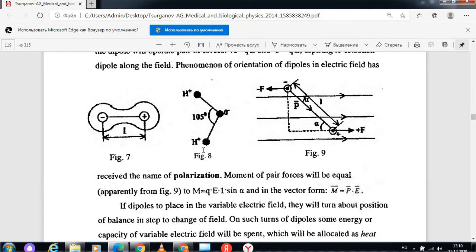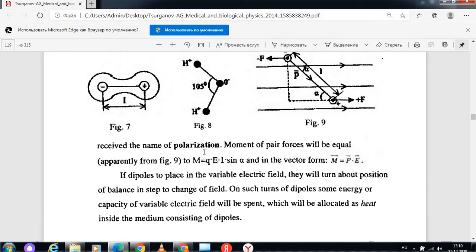If dipoles are placed in a variable electric field, they will turn about the position of balance following the change of the field.